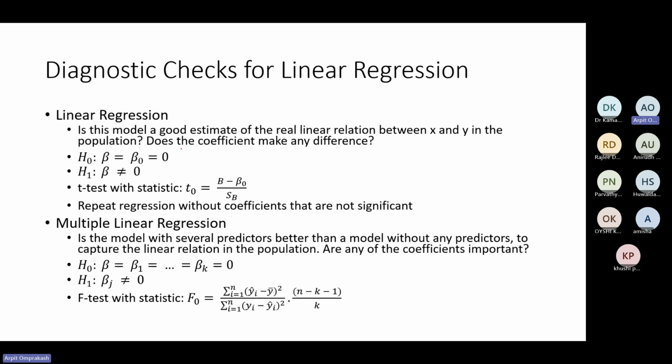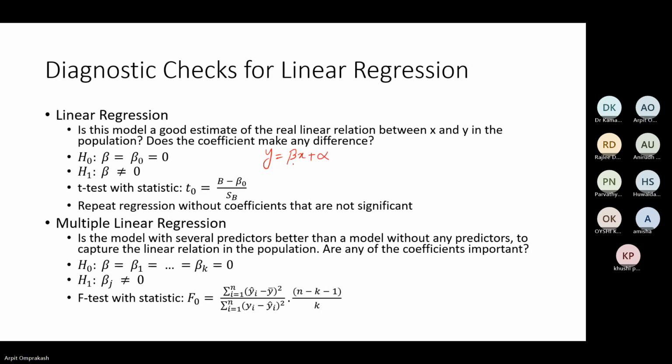In this case, our null hypothesis is that beta is equal to beta naught, or 0, where beta is our population parameter. Our alternative hypothesis is that beta is not equal to 0, that is, there is a linear relationship between x and y in the population. The population relation is given as y is equal to beta x plus alpha.